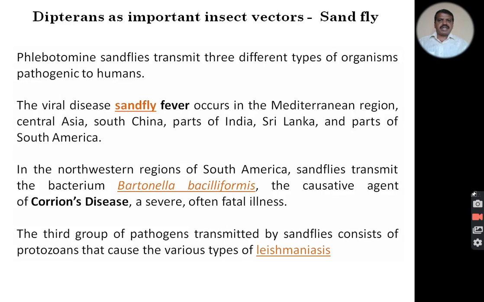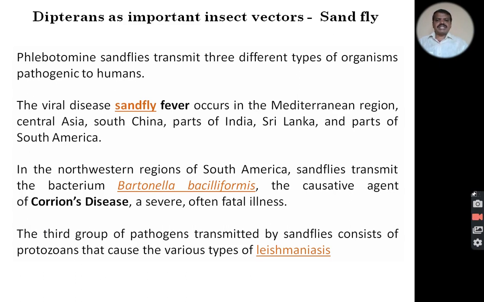Phlebotomine sandflies usually transmit 3 different types of pathogenic organisms to human beings. The viral disease usually causes what is called sandfly fever, which occurs in the Mediterranean region, Central Asia, South China, some parts of India, Sri Lanka, and also South America.